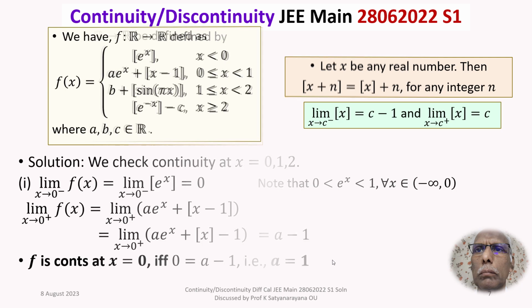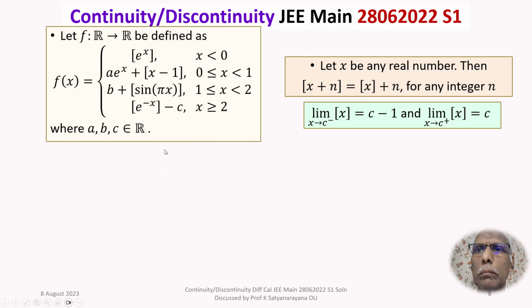Now we continue. Now we check the continuity at 1. So the limit as x tends to 1 minus, the left hand limit. Extending to 1 minus means x is tending to 1 from the left, so this branch you have to take: a e^x + [x - 1].